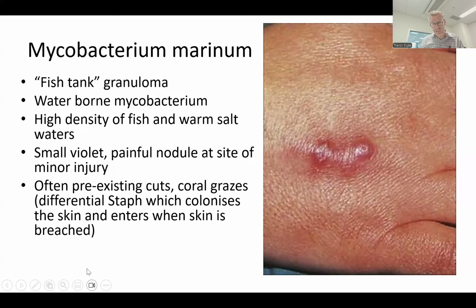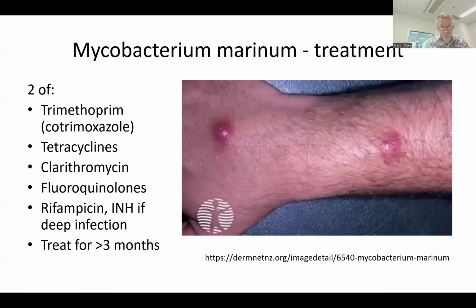It's a very painful granuloma, and it's usually at the site of a minor scratch or a minor injury. It's sometimes considered to be a bit violet, like it's violet or erythematous in colour. The differential diagnosis of this is, where you might have a coral graze, sometimes you'll get Staph aureus getting into the skin and causing an infection. Sometimes it's hard to distinguish between the two, but usually the treatment for Mycobacterium marinum also treats Staph aureus.